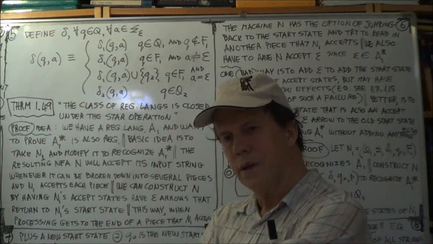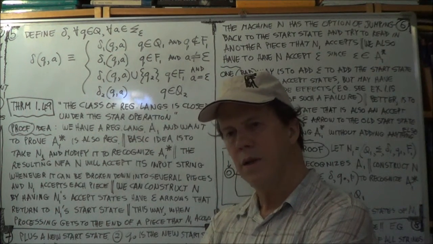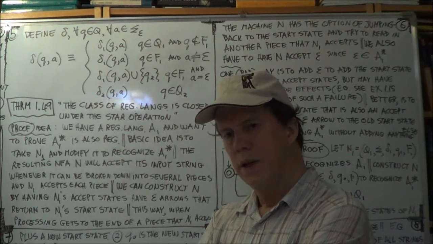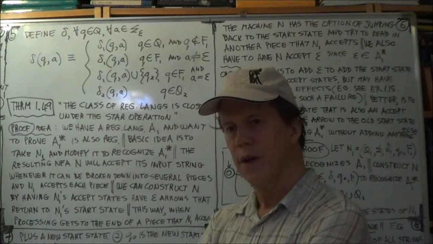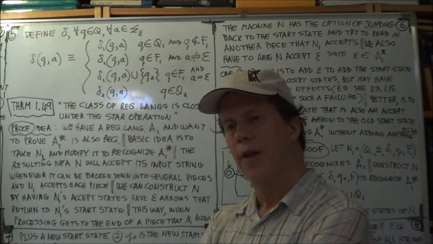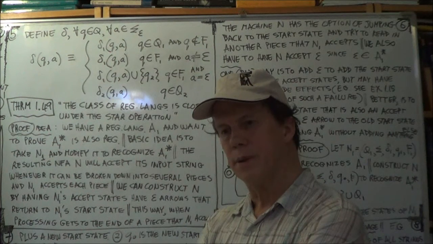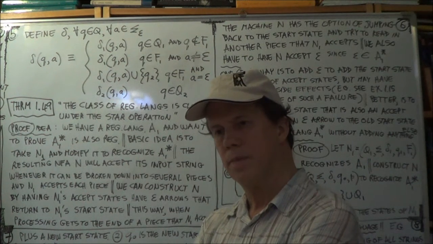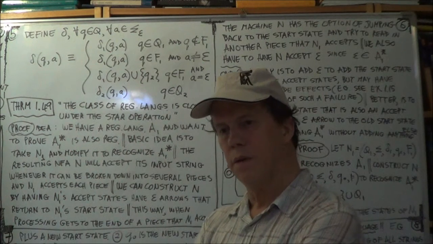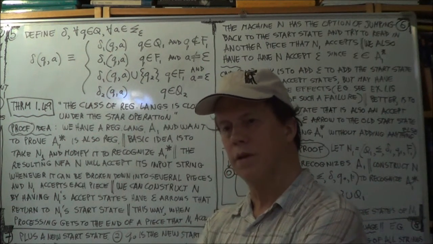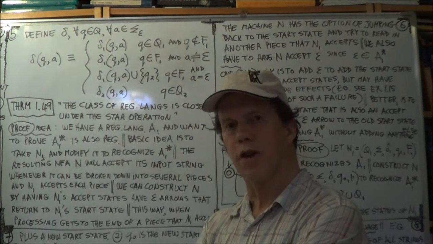And if you star a set, what are you doing? You're creating all possible concatenations of strings of that language. For example, say you concatenate 0 times. Well, that would be the empty string.